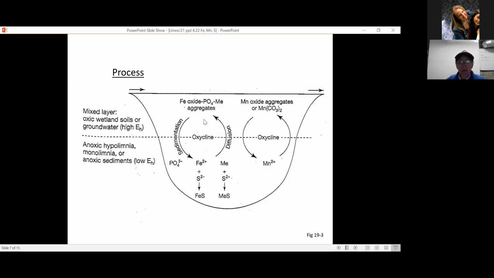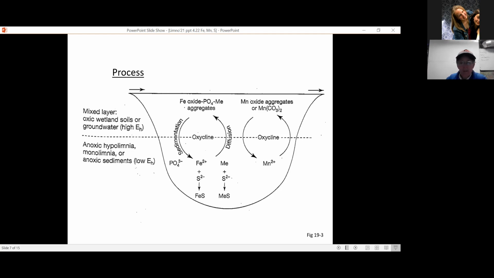Okay, so what do we have going on? Up here where there are oxidizing conditions, iron will bind to phosphate, or form aggregates with other metals, or just be iron oxyhydroxide. So under oxidizing conditions, it will become ferric iron.